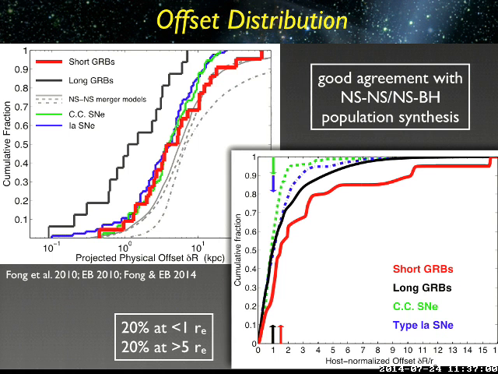For example, we find that 20% are at greater than 5 times the effective radius. And if you ask what fraction of stars reside at such large separations from their galaxies, it's only of order 1 or 2%. So there's an overabundance of short GRBs at large offsets compared to stellar populations in galaxies. All right, so that's one indication for kicks.